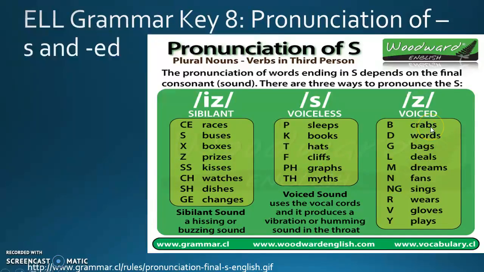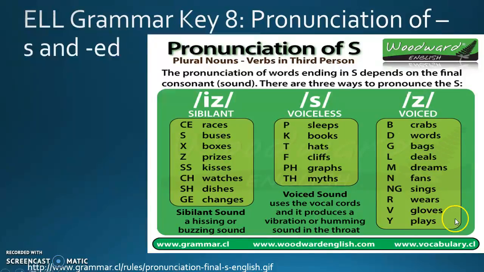The voiced sound is going to be a little bit more difficult because we're not used to pronouncing this sound like this in Spanish. So we're going to say crabs, words, bags, deals, dreams, fans, sings, wears, gloves, plays.